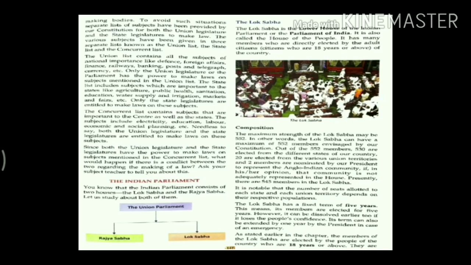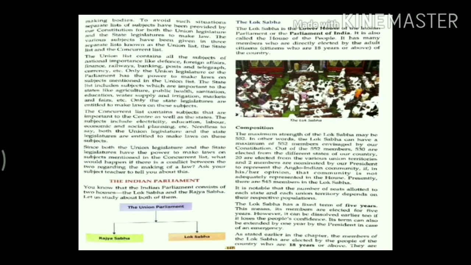As I told you, we have 543 constituencies, but here only 530 seats are limited. So these 530 seats go to different states, and 20 are elected from the various union territories.